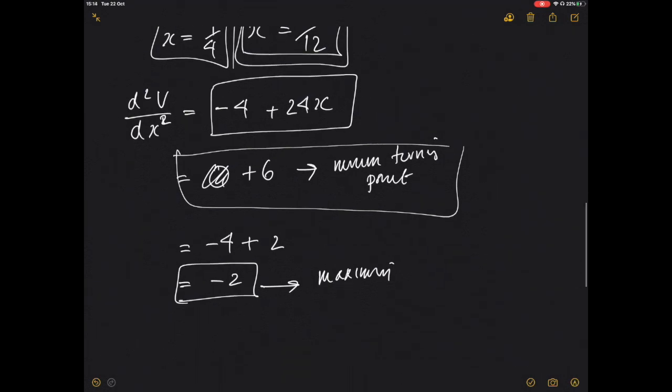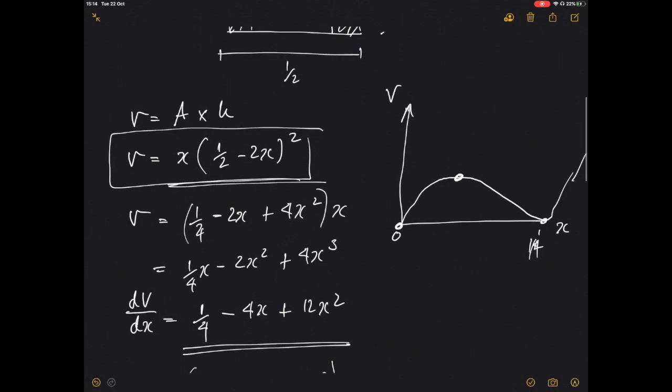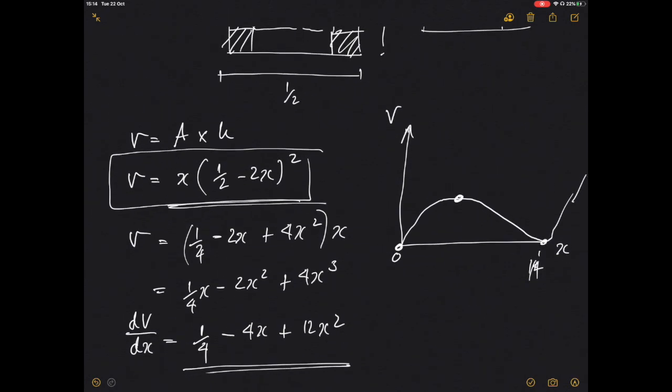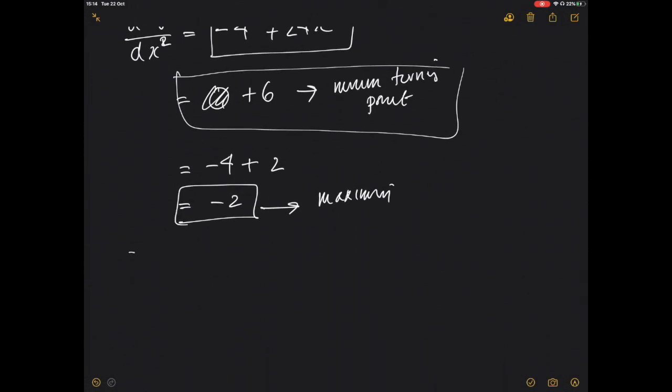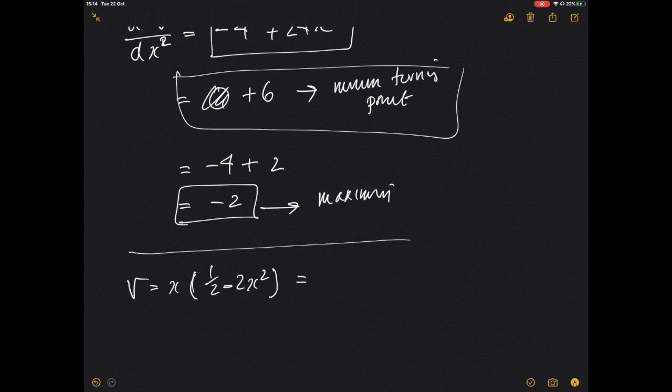Okay, so now we have our original equation all the way back up here, where we can say that v equals x a half minus 2x squared. So we can put that back in. So v, our volume, equals x a half minus 2x squared, which would equal a 12.